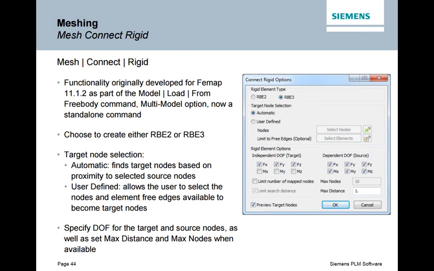They made this utility for the previous version of Femap that had this model load from freebody command, but they broke it out now so you can use it independently. It's a nifty little tool to automatically create some RB elements, which are usually a little bit more of a manual effort to create.